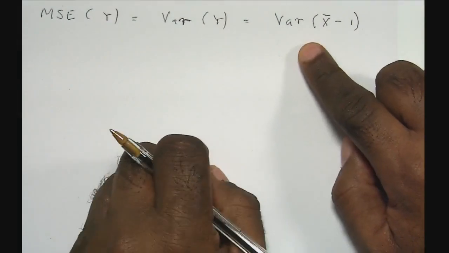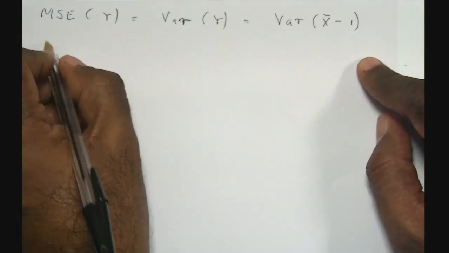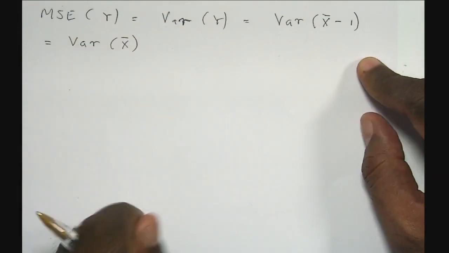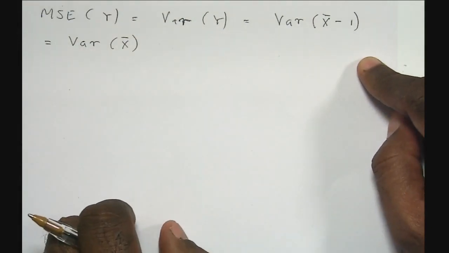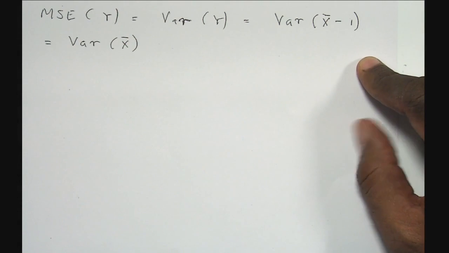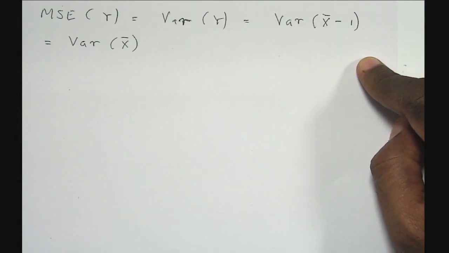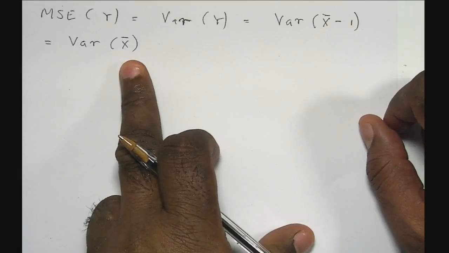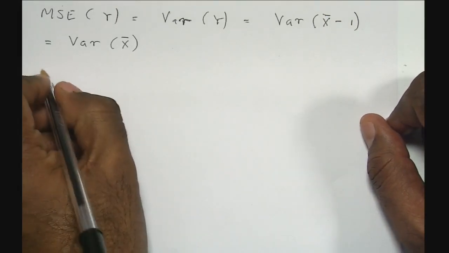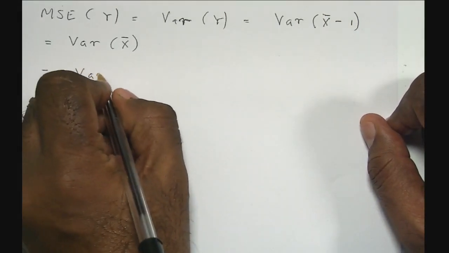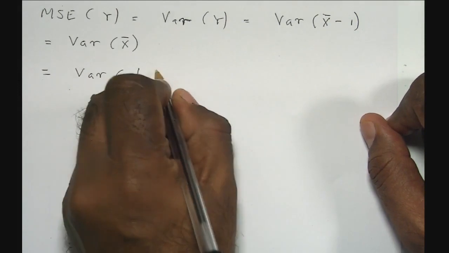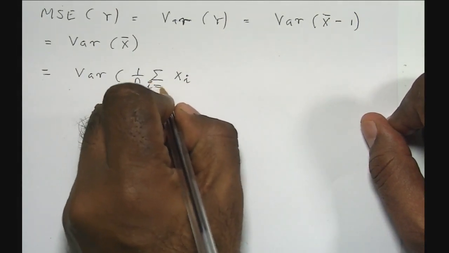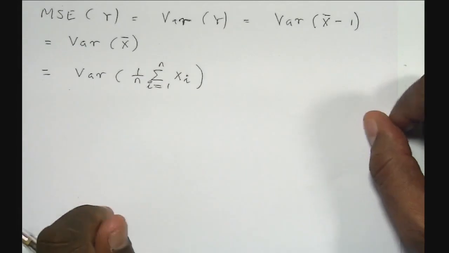Remember, the variance of x bar minus 1 is the same as the variance of x bar. I'm sure you remember this, guys: adding or subtracting a constant does not make a difference to the variance. So the variance of this is the same as the variance of this.